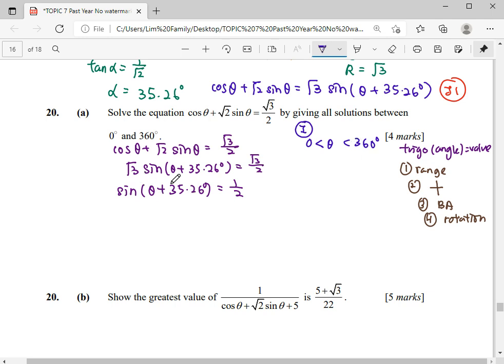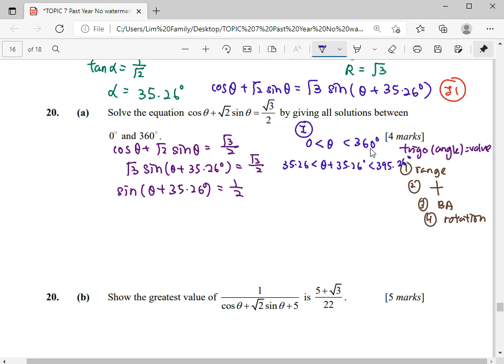But according to our question, our angle is not just theta. Our angle already has plus 35.26. So theta plus 35.26 will make our range start from 35.26 and go up to 395.26.